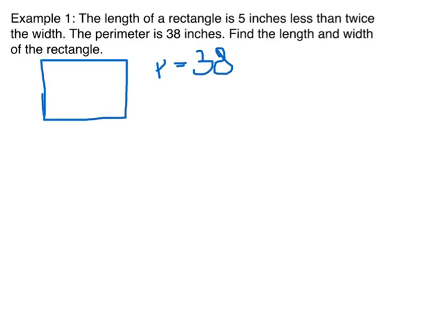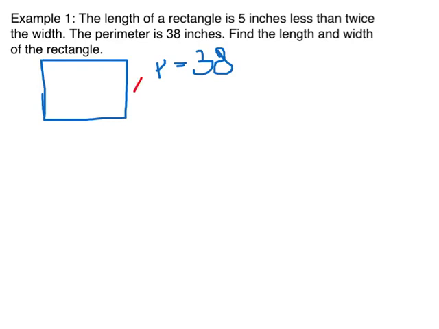Okay, so let's go ahead and do step 2. Step 2 says assign the variable, and we're going to use that variable to help us write an expression. So here, what we don't know is the length and the width. We do know that the length is 5 less than twice the width.